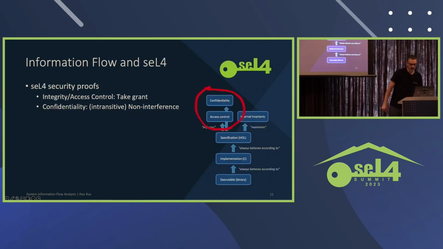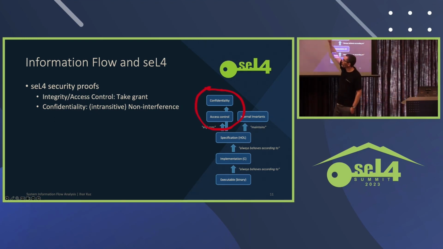Okay. But before I get there, I want to talk about information flow and seL4. seL4 has the security proofs. We've got the implementation proofs, and then we've got the security proofs on top of that, in particular the integrity proof and the confidentiality proof, which are based on formal information flow models.